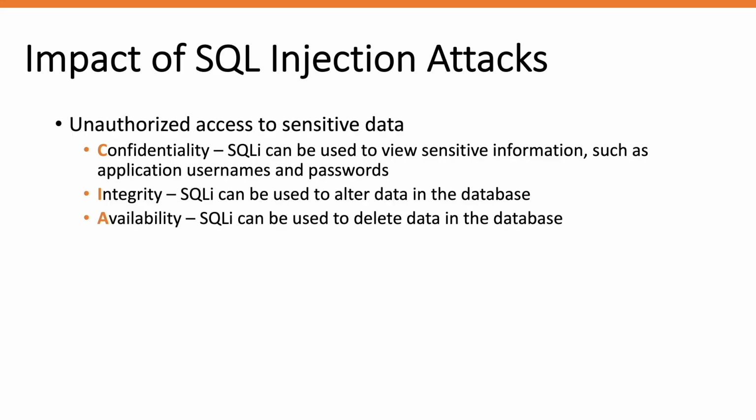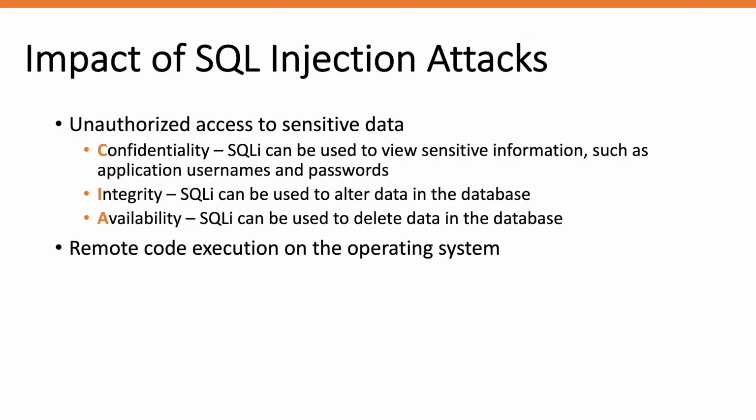It also affected the availability of the application because when I reset the user's password, I denied access to the user's account. And so I affected the availability of the application. And of course, in certain scenarios, SQL injections could actually lead to remote code execution on the operating system, and that affects confidentiality, integrity, and availability all at once.